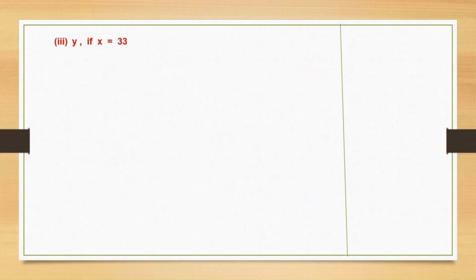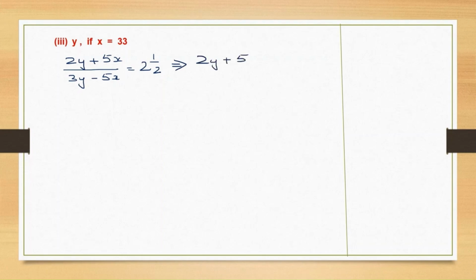Question 3. Here we have to find the value of y, and the value of x is given to us as 33. So the question is 2y plus 5x divided by 3y minus 5x equals 2 1 by 2. So this means 2y plus 5 into x, and x we know is 33.